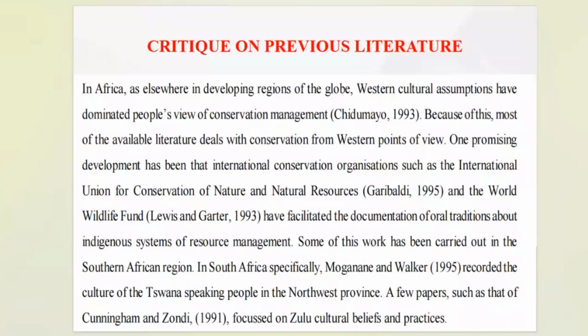So I noted that they did not write everything about conservation. And then there are pockets and bits of things that relate to what I've studied. So the gap that I was trying to fill is to bring a total picture that would include plants, animals, soil, and water. Then the third one was population dynamics, because the more people you have, the more pressure you have on the environment, because they will use it.